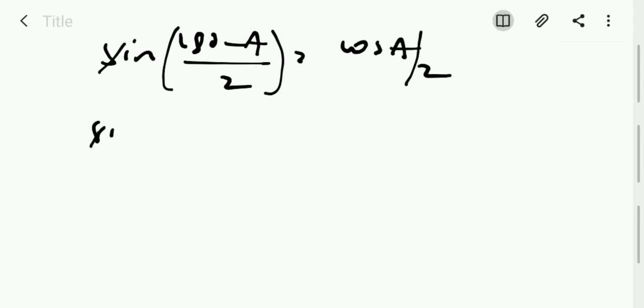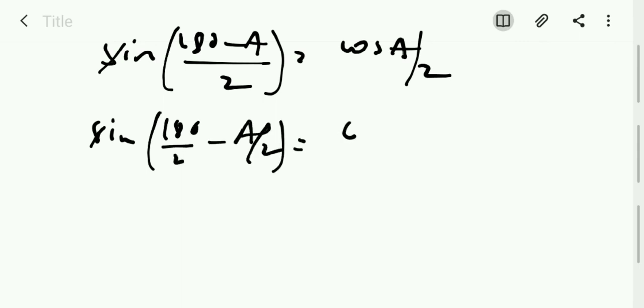Now this 2 has to divide both 180 and A. So 180 by 2 minus A by 2. So can I write it in this form, right?